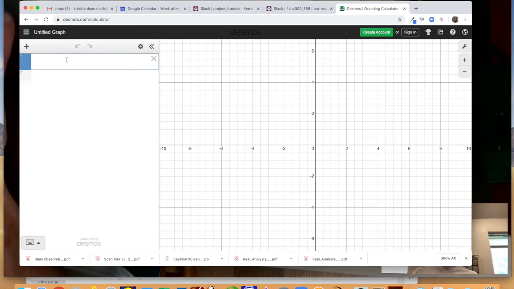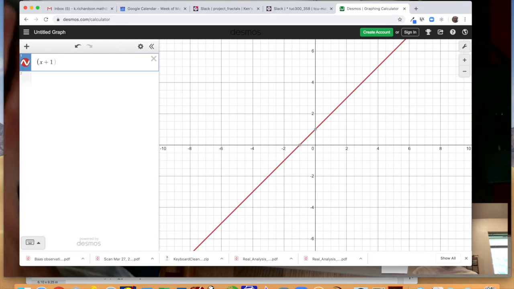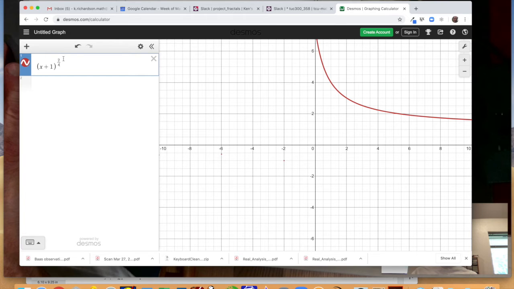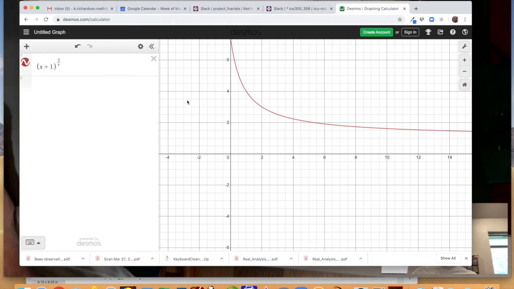Let's graph x plus 1, that's my p's, in other words, raised to the 2 divided by x. And x plus 1 is the 2 over x. So look, it does only equal 3 here. So if we just show it strictly decreasing, then we're good.